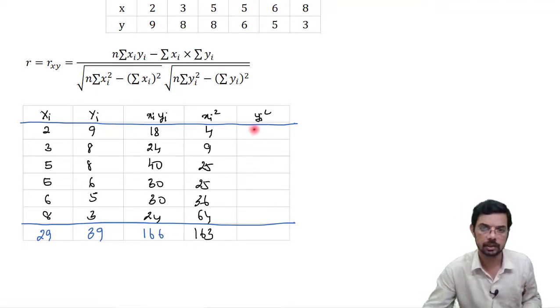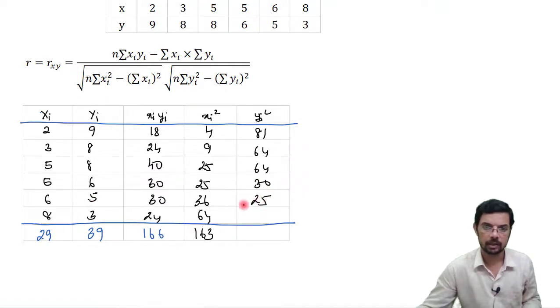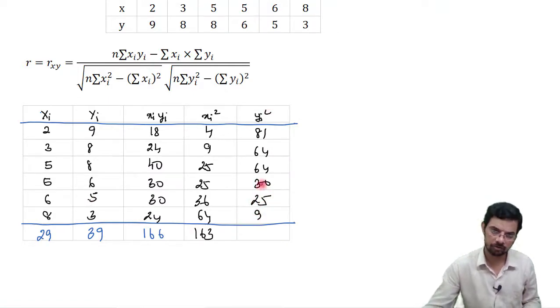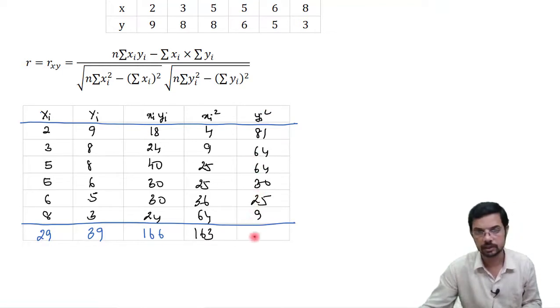Yi square: 9 9s are 81, 8 8s are 64, again 8 8s are 64, 6 6s are 36, 5 5s are 25, and 3 3s are 9. When we add all of them, we get 279.